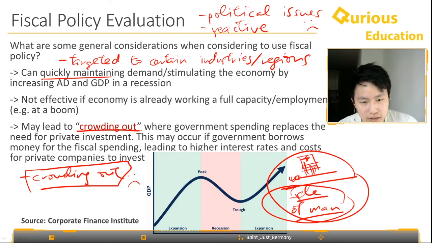So crowding out is another problem with fiscal policy.